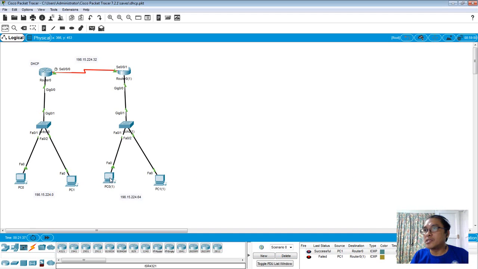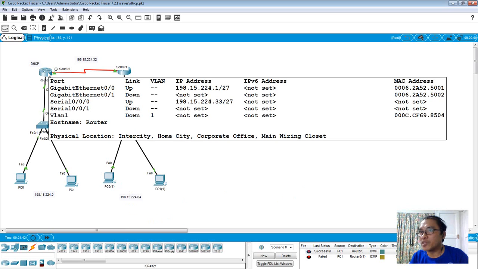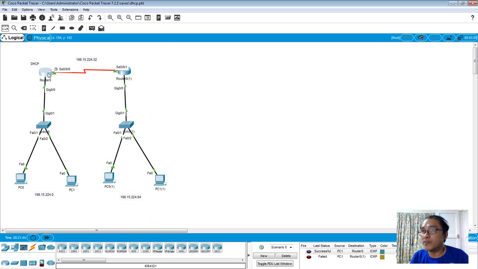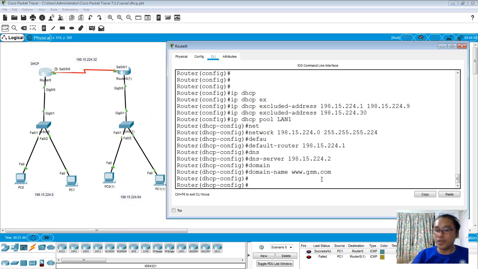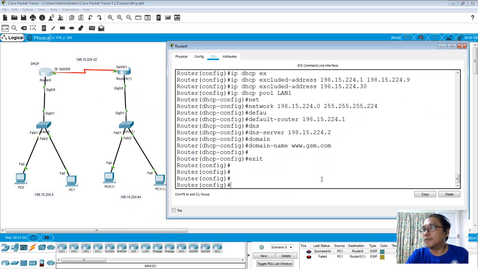Since this group of computers here would also like to get data from this DHCP server, we have to create also a pool of DHCP here. So again, first we are going to exclude addresses. That is 64, meaning I'm not going to give 65 until 64.